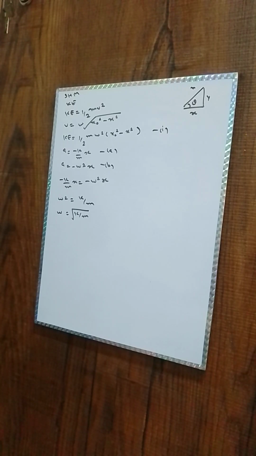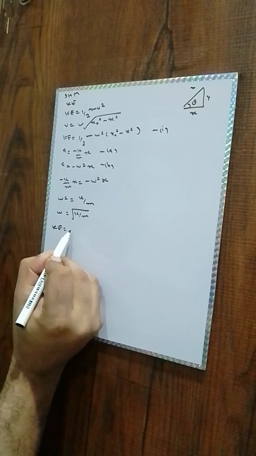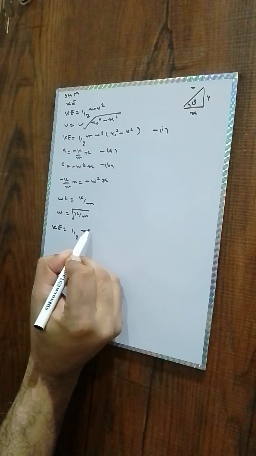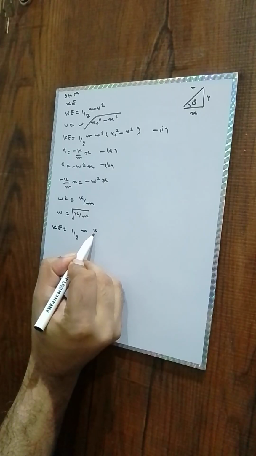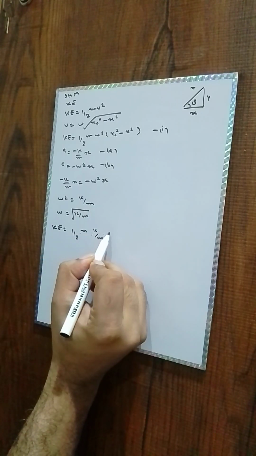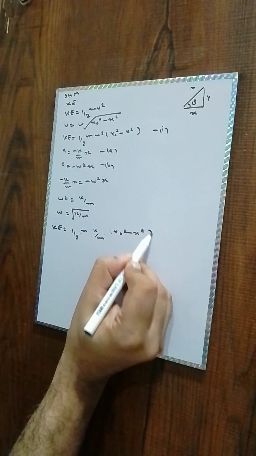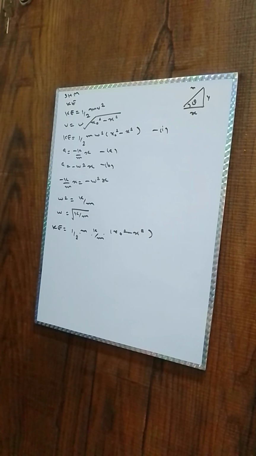So we now put the form of omega into equation 1, a substitution of omega. So KE is equal to 1 by 2 m into K by m into x naught square minus x square.